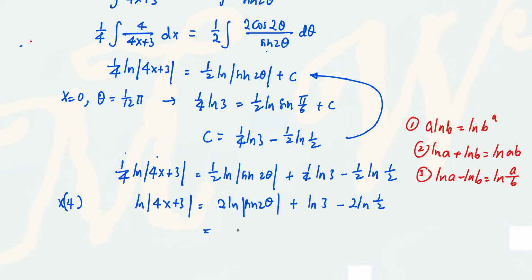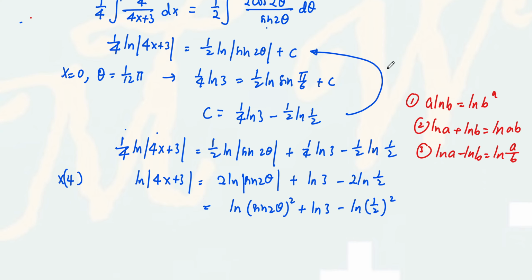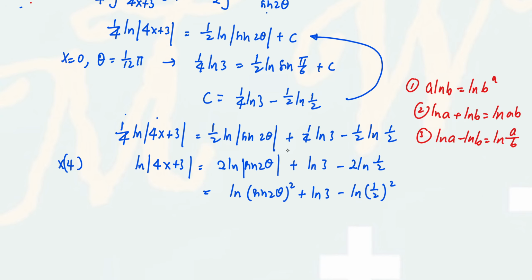So which means now here I will get ln, and I will write a bracket because I'm going to square it, then plus ln 3, then this negative 2, this 2 you can move up, so it will be negative ln half to the power 2. You can leave it as negative ln half to the power 2, or you can change to plus, up to you, because 1 over 2 is basically 2 to the power negative 1.